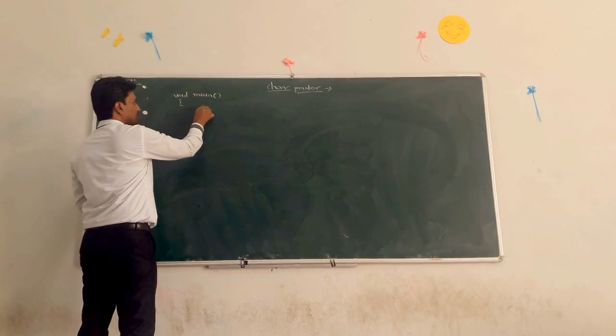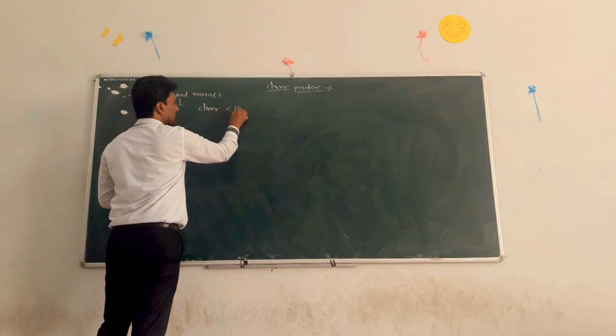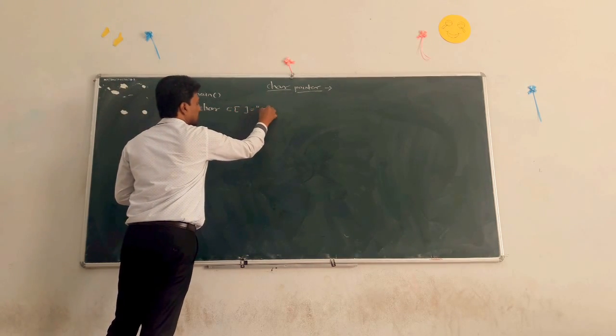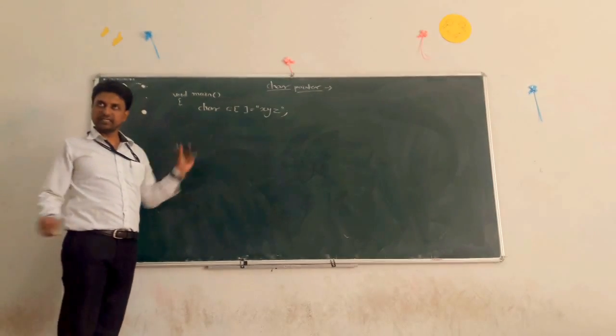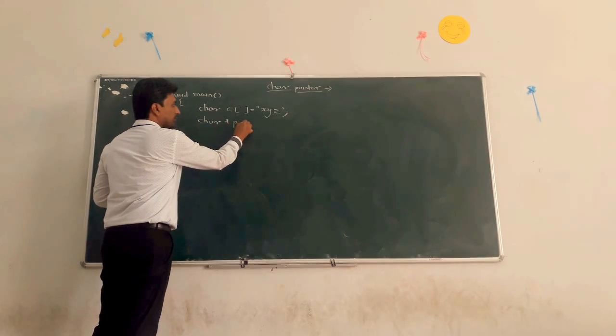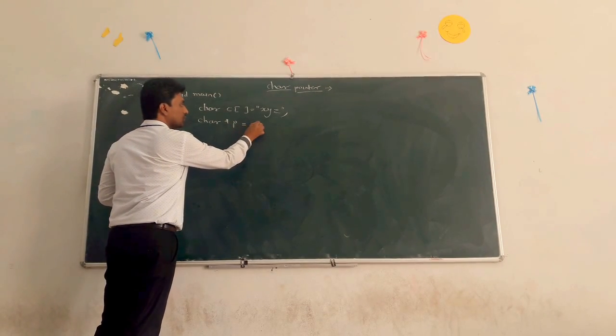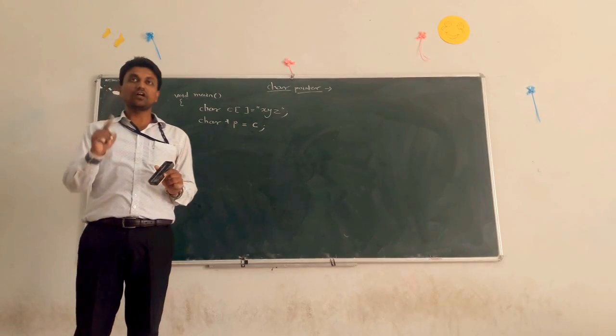For example, first we can make a character array, char C array X, Y, Z. This is our string character array. Again, we can initialize it by pointer p is equal to C, not address of C.